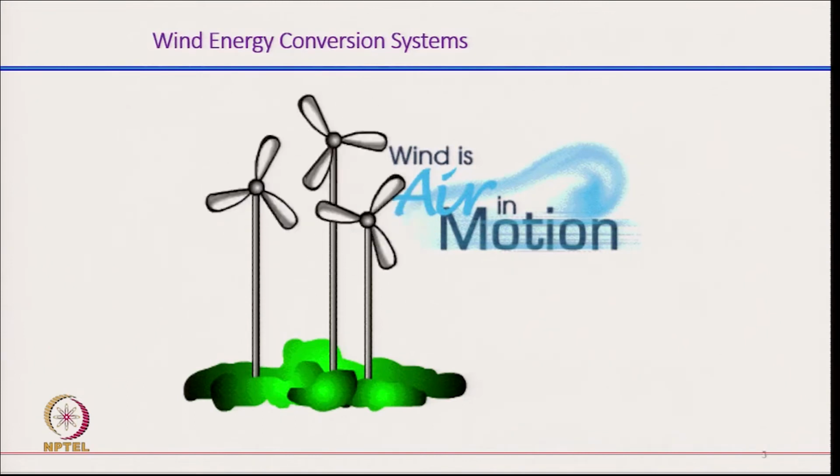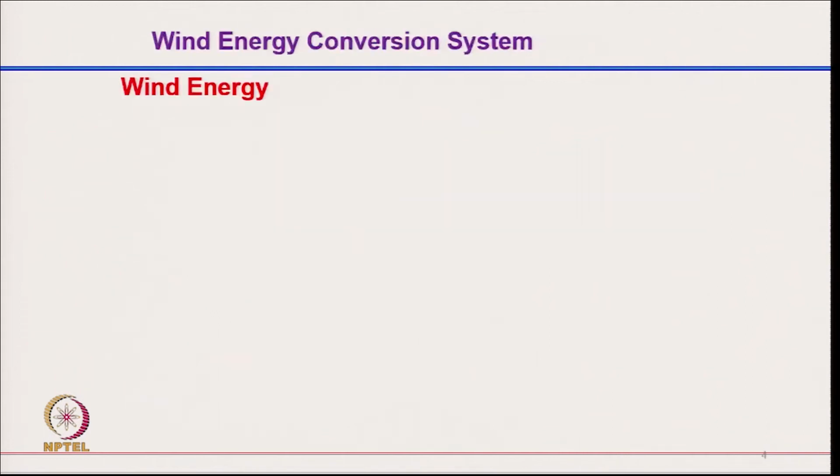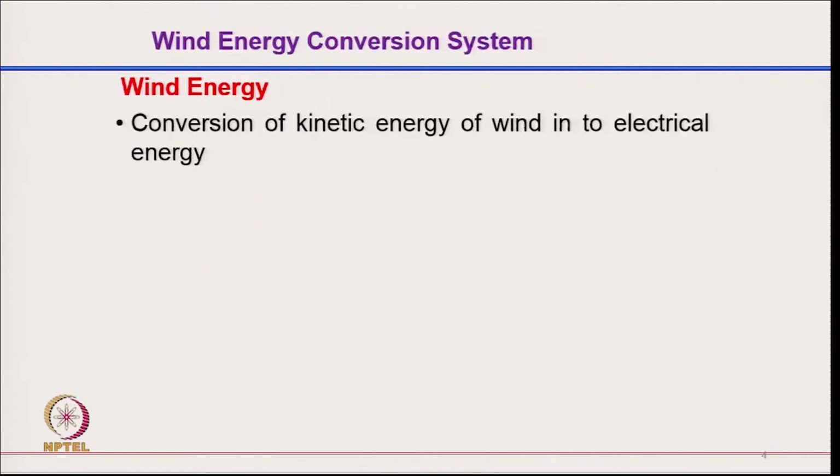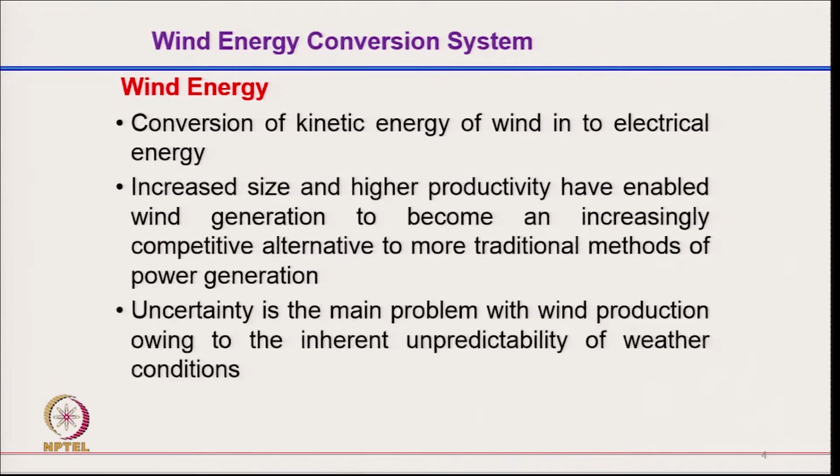And of course, wind is now the second largest renewable energy source for generating electricity throughout the world, and of course, in India also it is coming up in a big way. Well, this wind energy conversion system converts the kinetic energy of wind into electrical energy, and it has increased size, higher productivity, and typically enables wind energy to become an increasingly competitive alternative to more traditional methods of power generation.